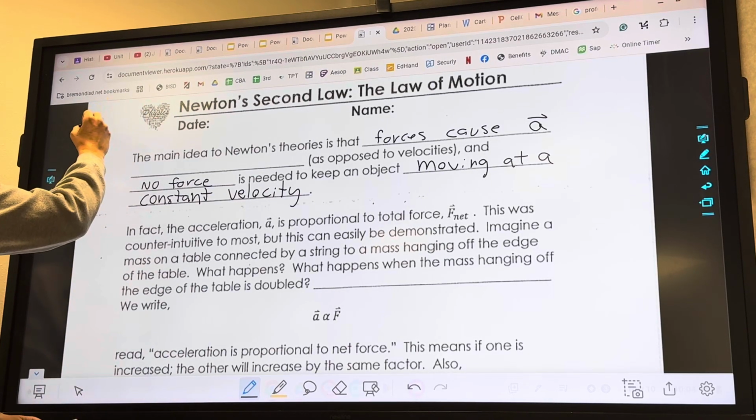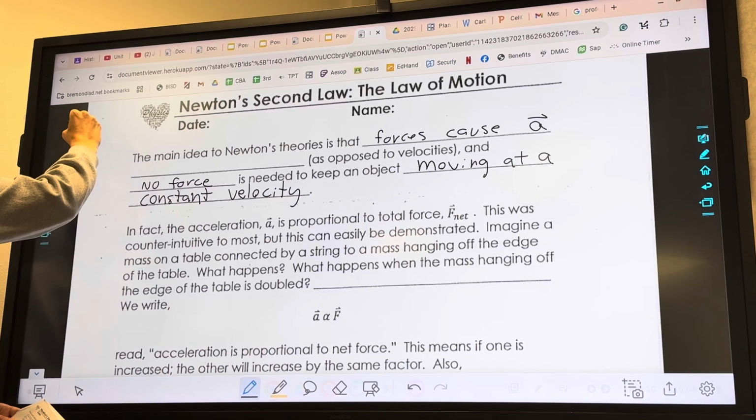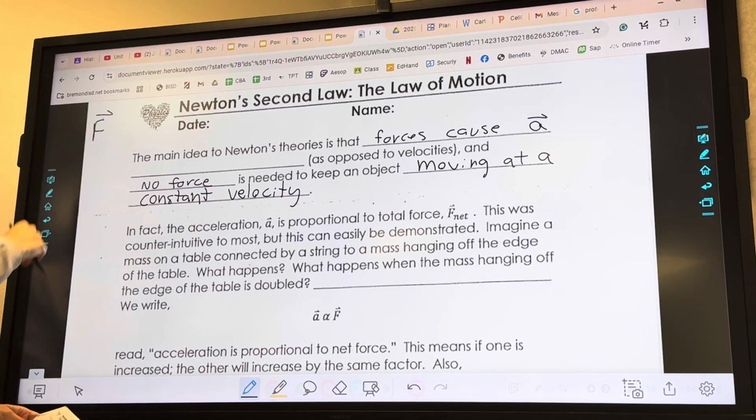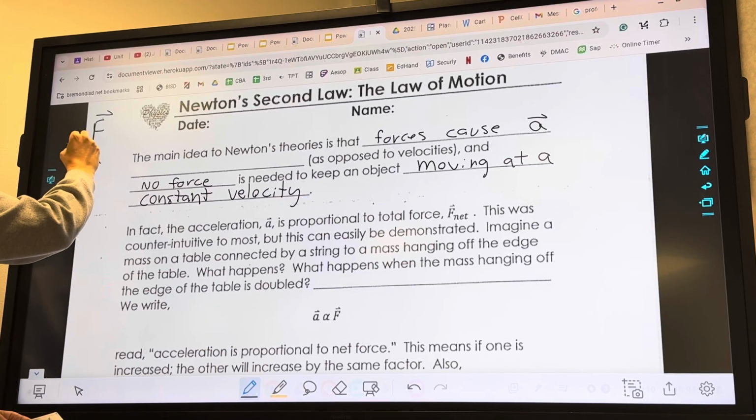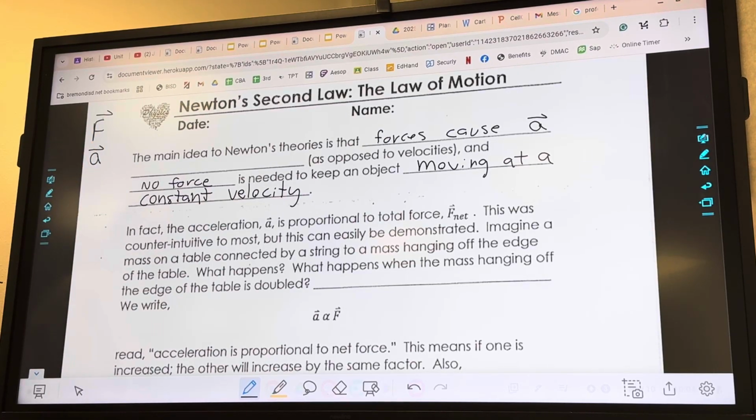So we already talked about force, capital F hat. So it has a hat, it's a vector quantity. We know acceleration from last unit, A hat, vector quantity. And then we're going to learn how it always has to do with some sort of mass, okay? Mass does not have a hat, so it is a scalar quantity. We're also going to learn that these pretty much have set units, okay?